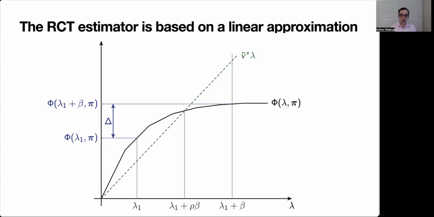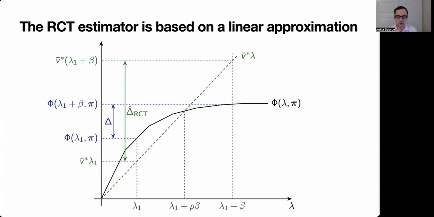So what does that mean kind of graphically? It means that we are building a linear approximation of the system value function implicitly. And that linear approximation interpolates between the value of the experiment state and the value at 0. And so as a result, the RCT estimator says the estimated value of global treatment is given by our linear approximation here.